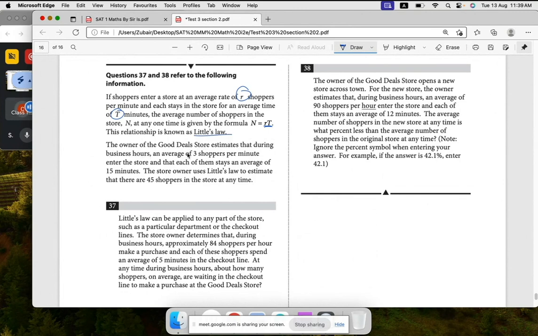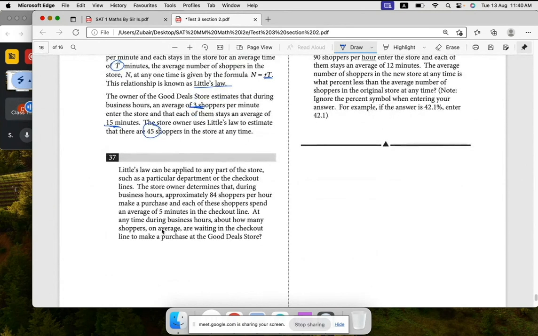The owner of the Good Deals store estimates that during business hours, an average of 3 shoppers per minute enter the store and that each of them stays an average of 15 minutes. The store owner uses Little's Law to estimate that there are 45 shoppers in the store at any time. Little's Law can be applied to any part of the store, such as a particular department or the checkout lines.